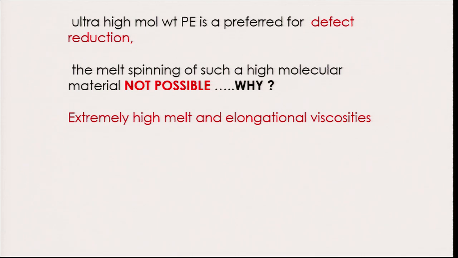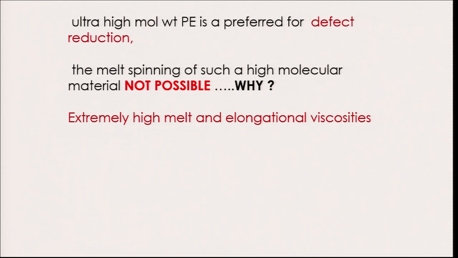So, if I am using ultra high molecular weight polyethylene for reducing the defects, then the problem is the melt spinning of such a polymer is not possible. Can you answer why? Can anybody tell me what is the possible reason for not being able to spin it by melt spinning method?